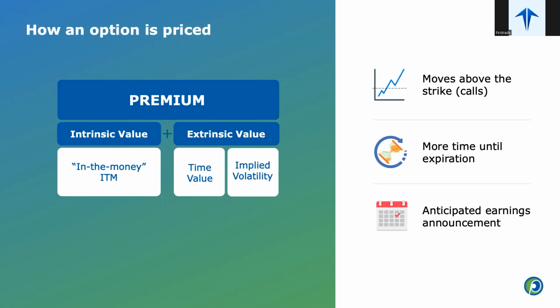But there's a lot of volatility that leads up to that, because we know the stock is very likely to move a lot in either direction, depending on whether it meets, exceeds, or doesn't meet analyst expectations. And we call that implied volatility.